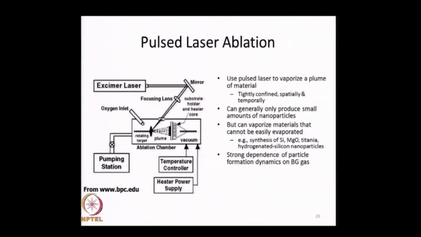And there is a strong dependence of particle formation dynamics on the background gas. So, simply by changing the nature of the background gas, you can affect the kinetics with which particles are formed. You can again control the size, shape as well as the chemical composition of the nanoparticles by changing the nature of the background gas. For example, by changing from an inert gas to, let us say, air, you can actually produce oxidized nanoparticles.